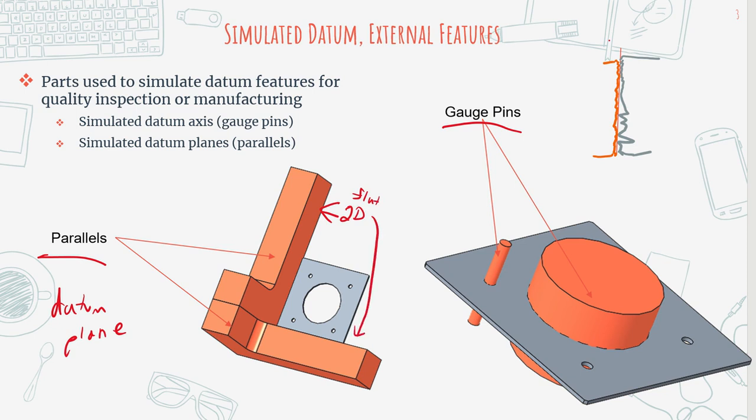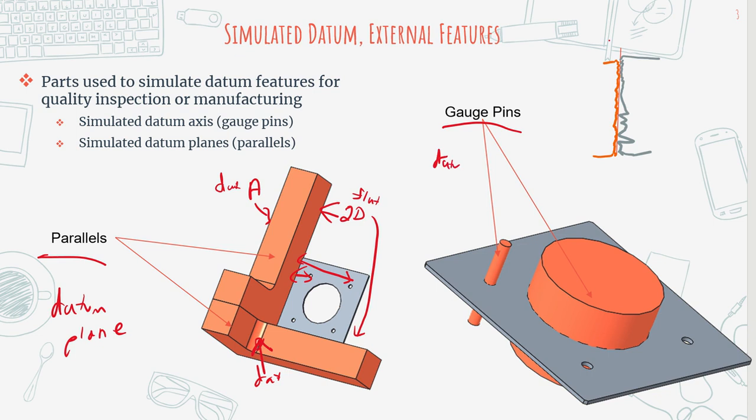So you can say this is the equivalent of your datum A, and this is your datum B. That's how you can physically represent the datums. Inspection might pull out these parallels and take measurements from them because they represent the datums. So that's a datum plane.